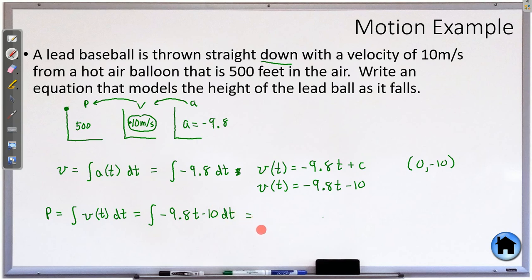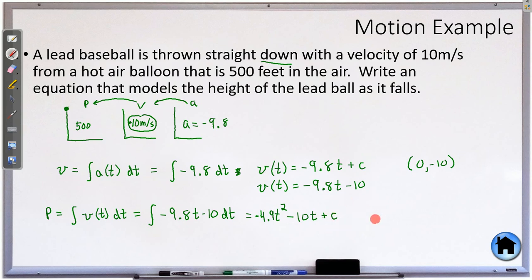What is that antiderivative? Well, t becomes t squared. Then I have to divide that by 2, which is 4.9. If you are in physics, I'm hoping some of these numbers look familiar to you. This will become minus 10t. But there is another plus c, as always, when you take an antiderivative.